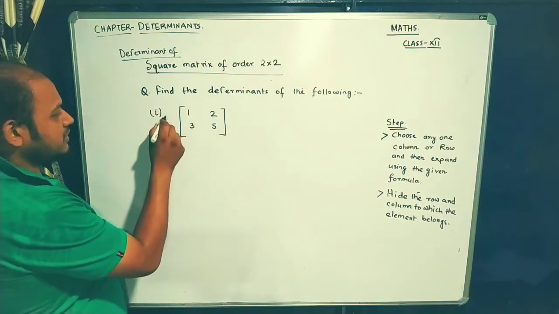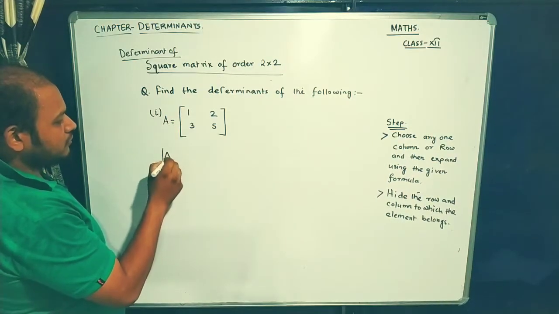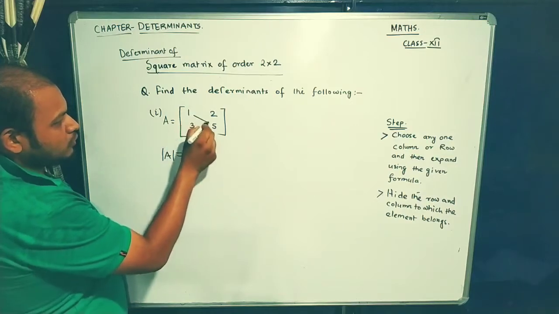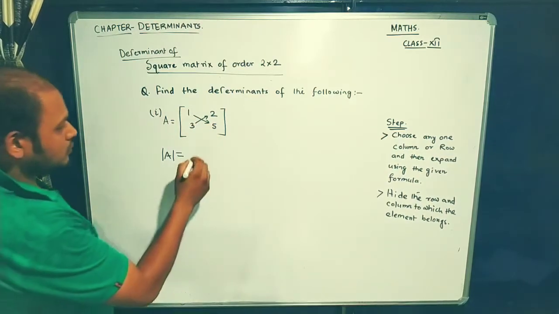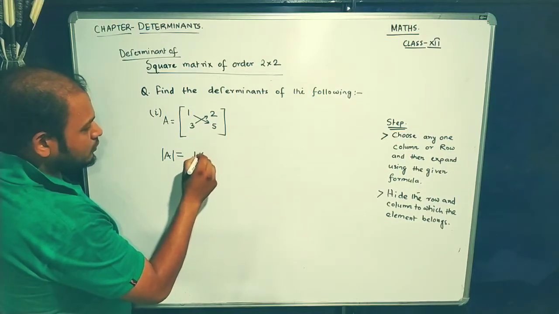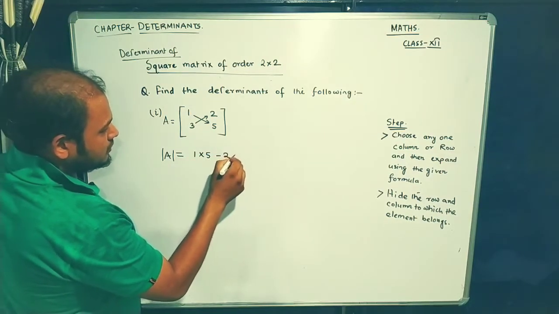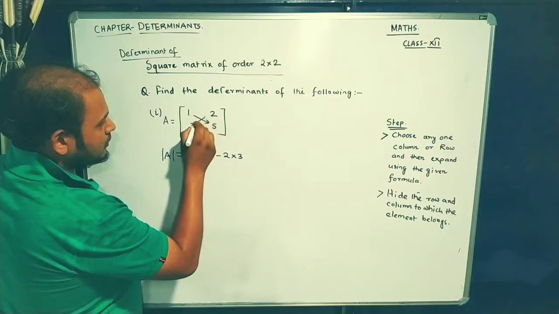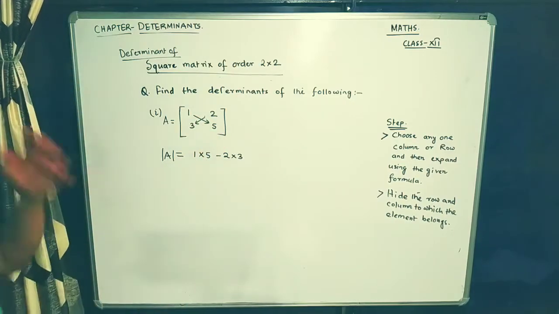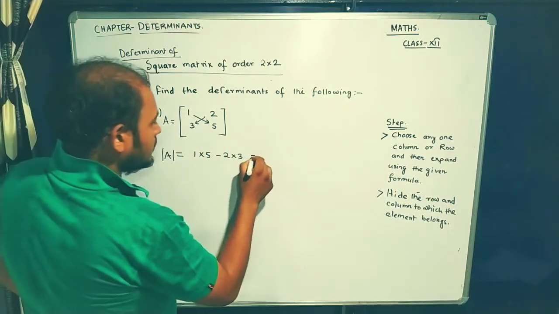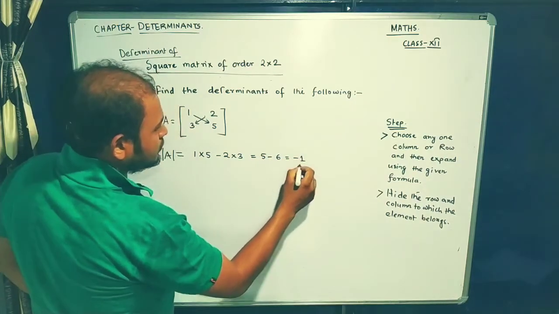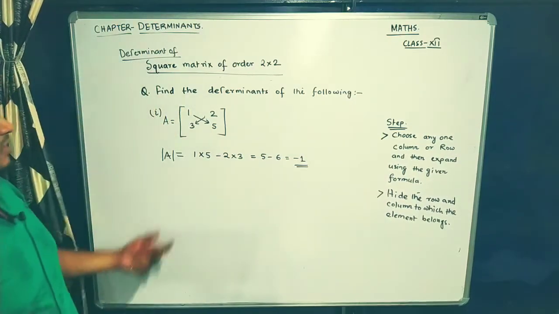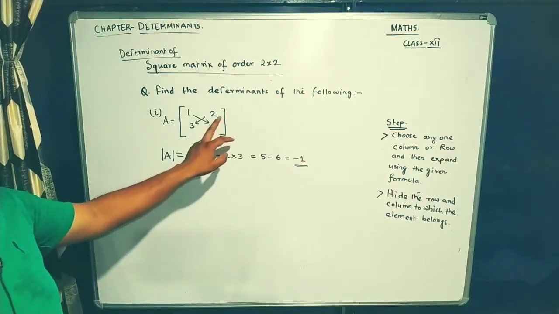Let us say this is matrix A. So the determinant of A will be equal to 1 into 5 minus 2 into 3. This will be equal to 5 minus 6, which is equal to -1. So this is the answer: -1 is the determinant of this matrix.